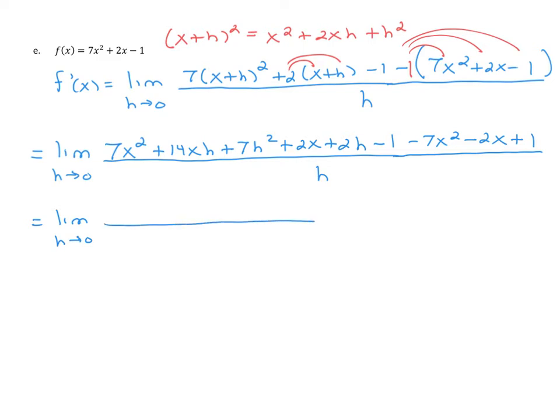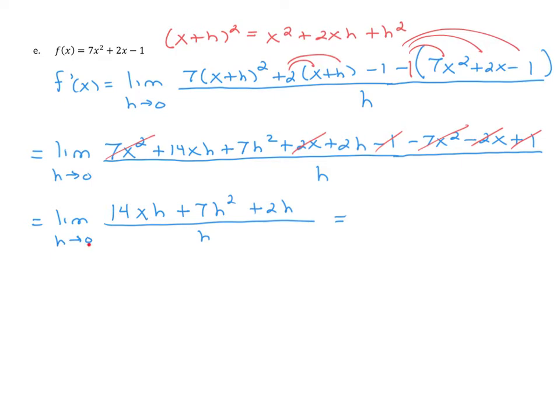In my fraction, okay, I have a positive 7x squared and a negative 7x squared. I have a negative and a positive 1. I have a positive and a negative 2x. And those are all of the like terms. So we are left with 14xh plus 7h squared plus 2h all over h.